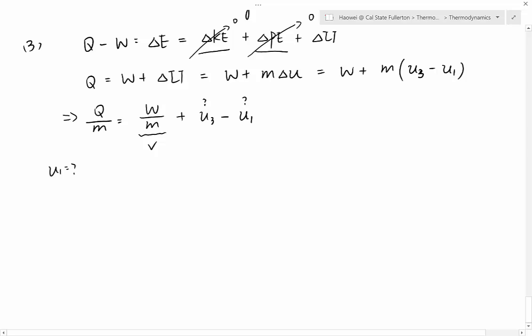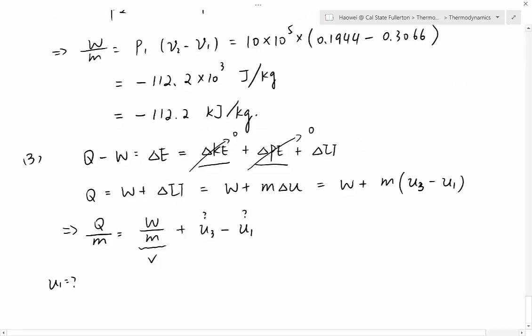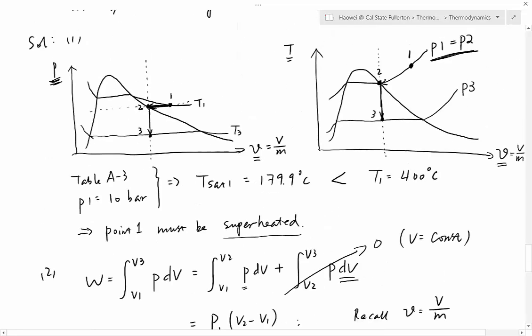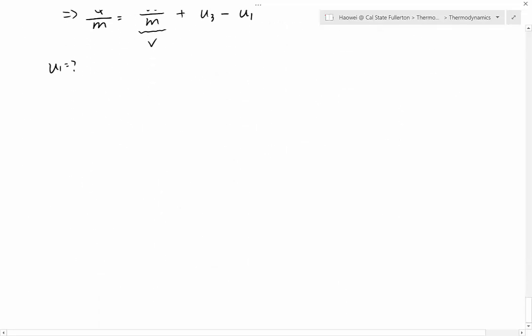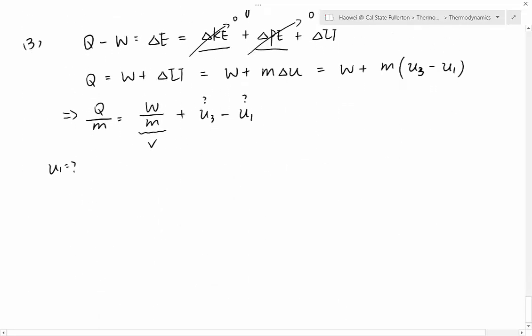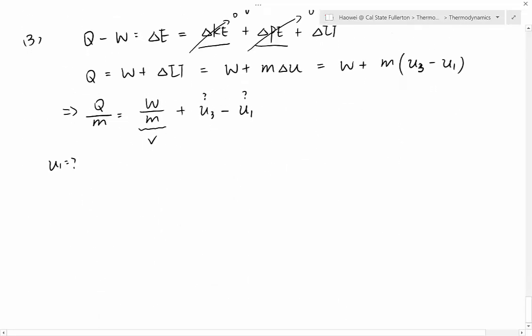u1 is the specific internal energy of point number 1, which is a property. Like we said, if you look for a property, the first thing you should do is find out the phase of number 1. Go back to the diagram, you can see number 1 is to the right side of the vapor dome. So point 1 is superheated. If you're ever looking for any property of superheated water vapor, you should always go to table A4.